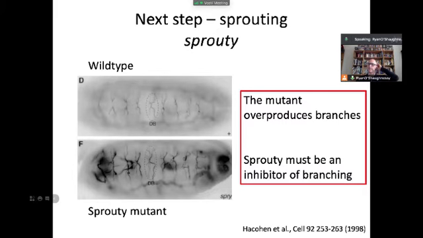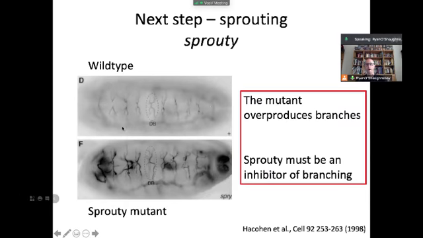So the next step of our trachea formation is sprouting. And unsurprisingly, there's a mutant that has defective sprouting called Sprouty. Here we're again looking at the trachea network.